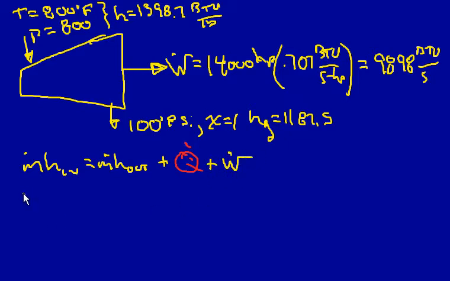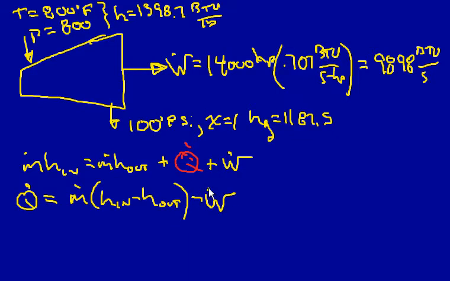So Q is equal to M dot times Hin minus H out, minus W dot, and M dot was equal to 50 pounds per second.